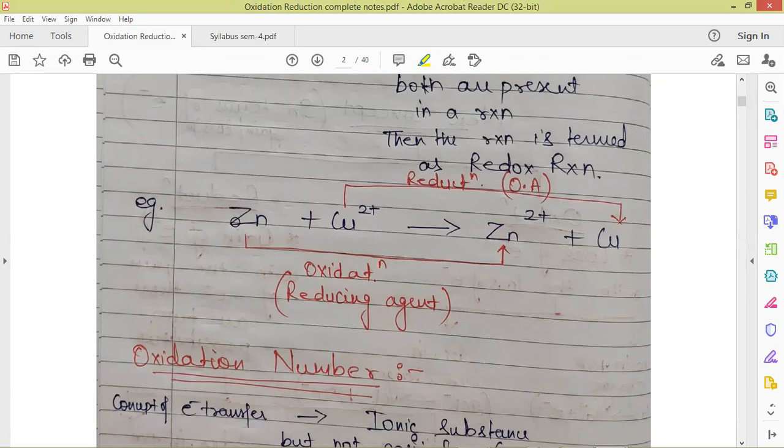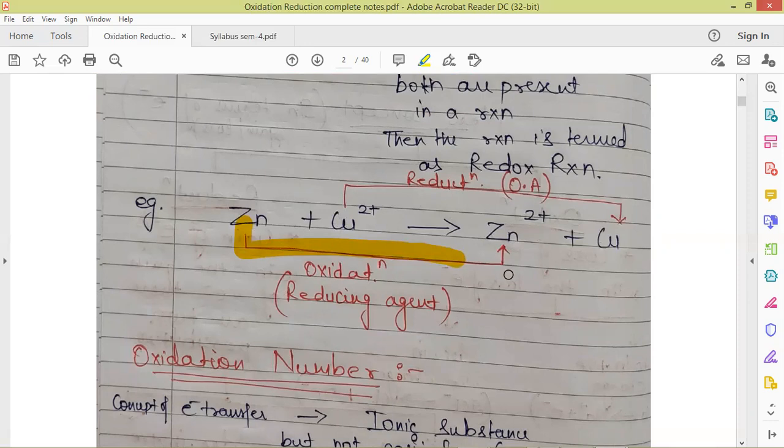Here is an example. Zinc is reacting with copper 2+. It is getting converted to zinc 2+ and copper. So zinc is losing 2 electrons and copper 2+ is gaining 2 electrons and getting converted to copper. So copper 2+ is undergoing reduction, that means it is gaining 2 electrons and getting converted to copper, and zinc is undergoing oxidation, that means it is losing 2 electrons and getting converted to zinc 2+.